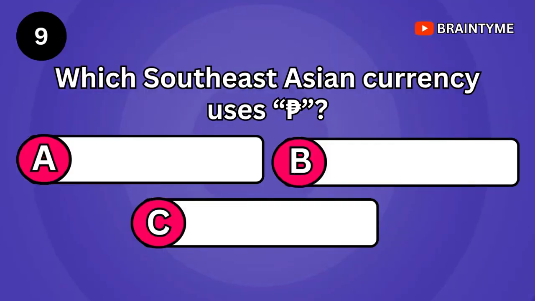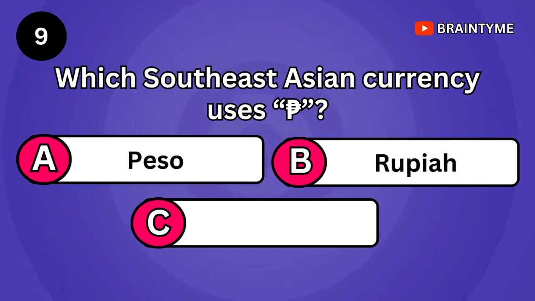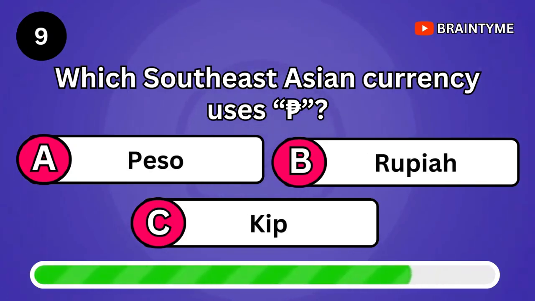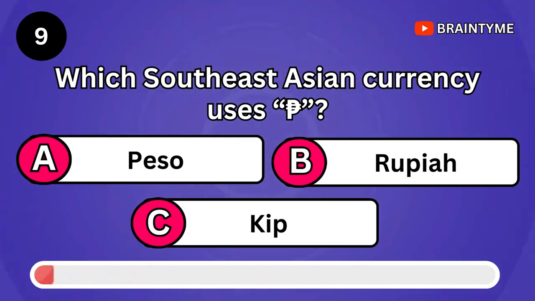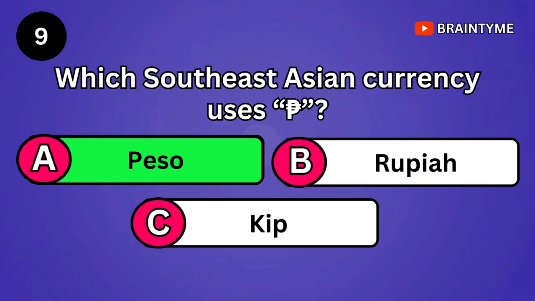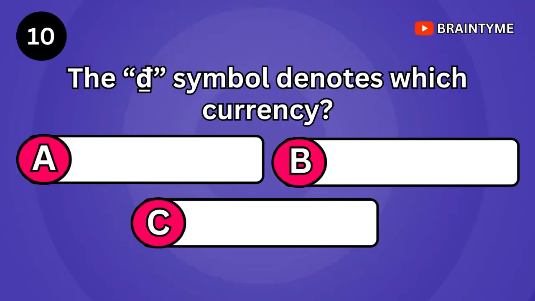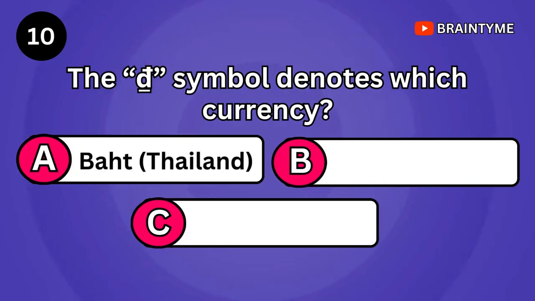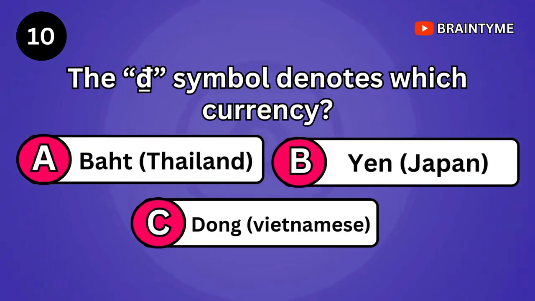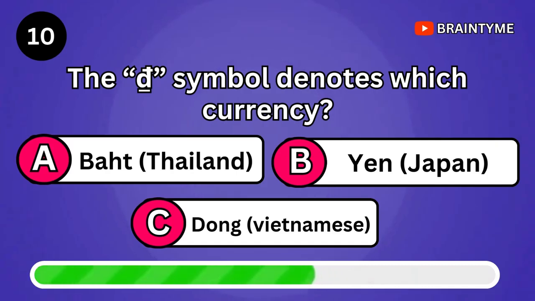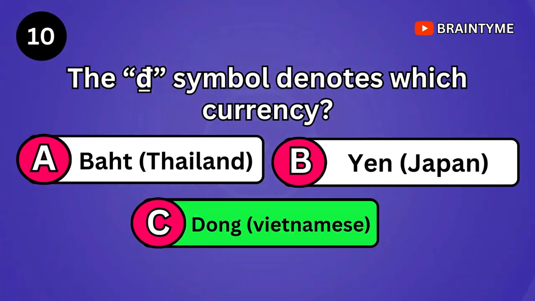Which Southeast Asian currency uses the P symbol? The Philippine peso. The dong symbol denotes which high-denomination currency? The Vietnamese dong.